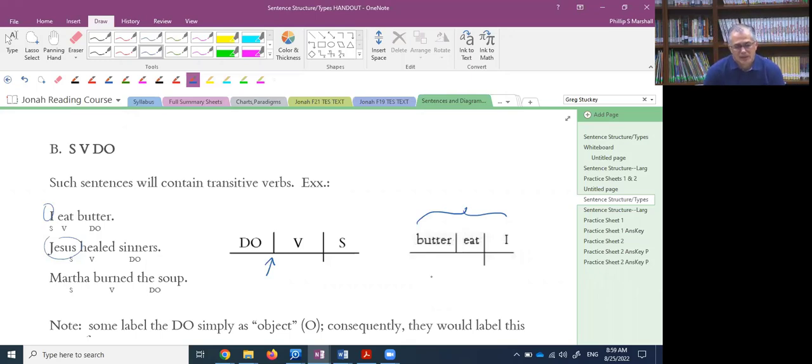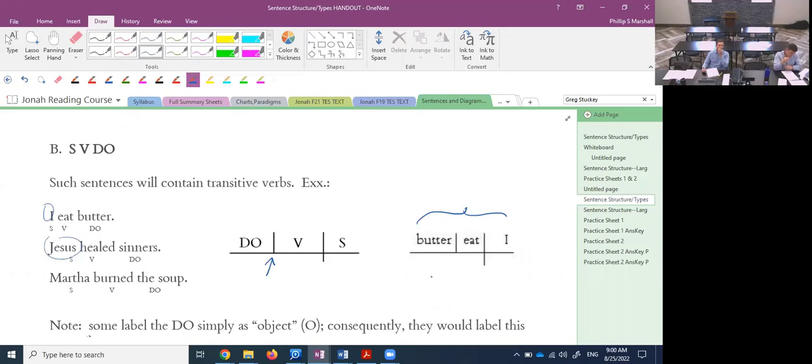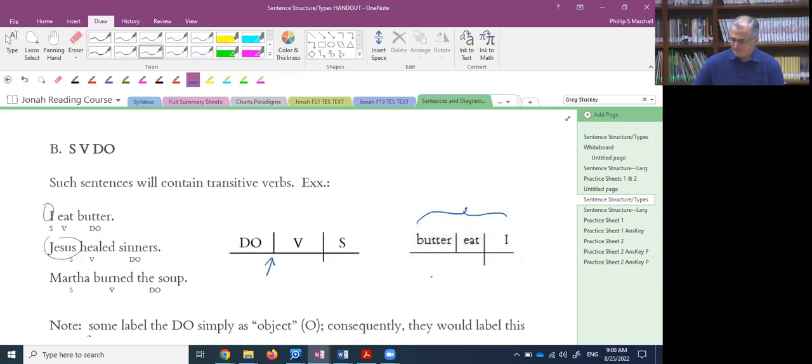In our line diagramming in grammar school, the articles went underneath, or I don't know if you guys remember that, but they go underneath. But for two reasons, for the sake of simplicity, so we don't clutter up the diagrams, I'll keep the article with the noun it modifies. And secondly, in Hebrew, that article is going to be attached inseparably anyway, right? Thank you. All right, very good.